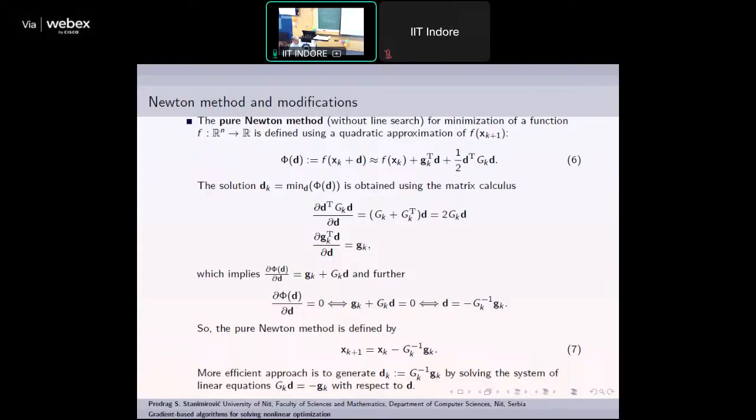Newton method for nonlinear optimization is the next method which we'll explain. Newton method for nonlinear optimization is obtained using second order Taylor development of the goal function with respect to d, the direction. Second order Taylor expansion for a multivariate function is defined in this way.